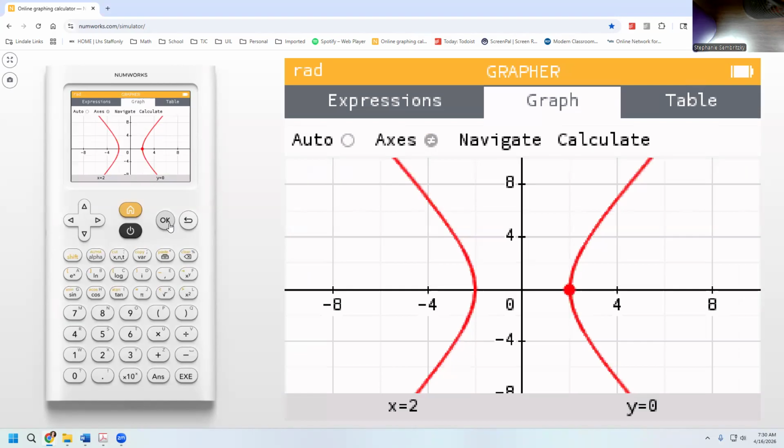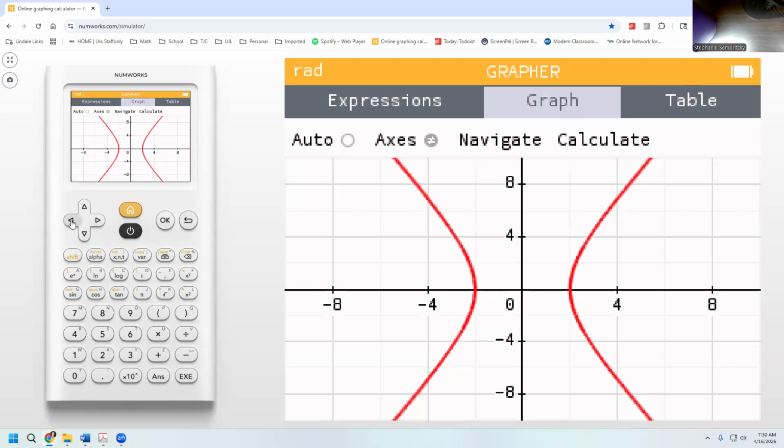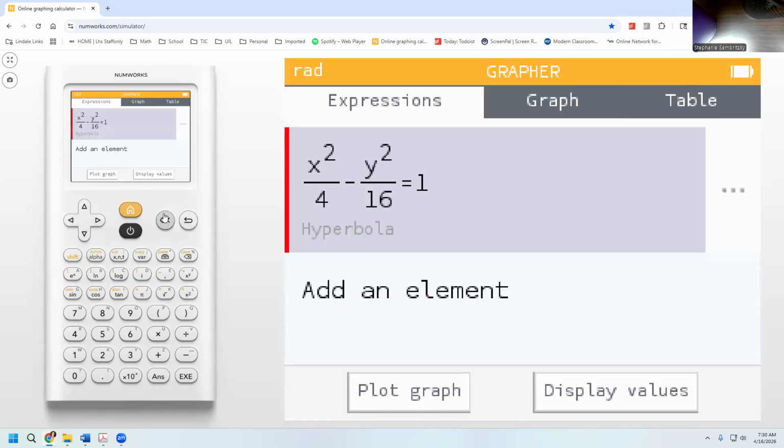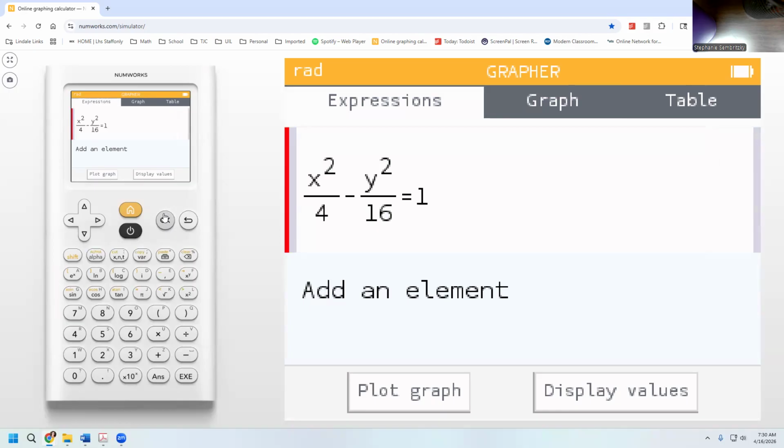A hyperbola is a double parabola back to back. Now, this one is opening left and right. That's actually because the x squared is first. If I change this, instead of the x being first, let's change it to the y.